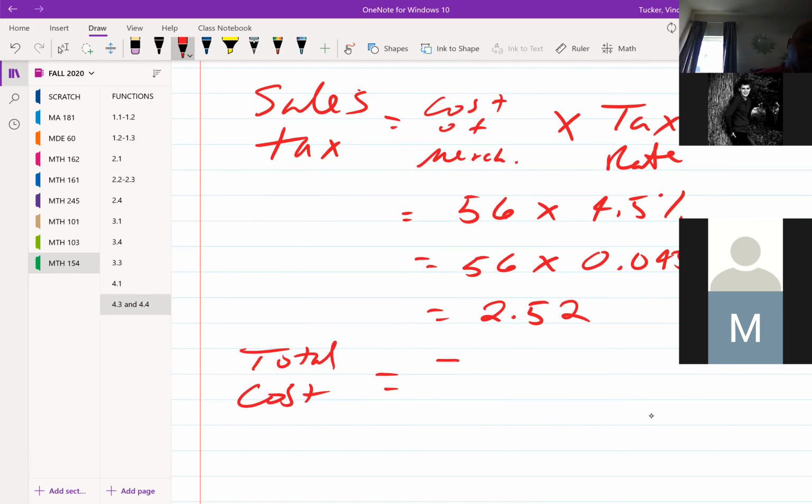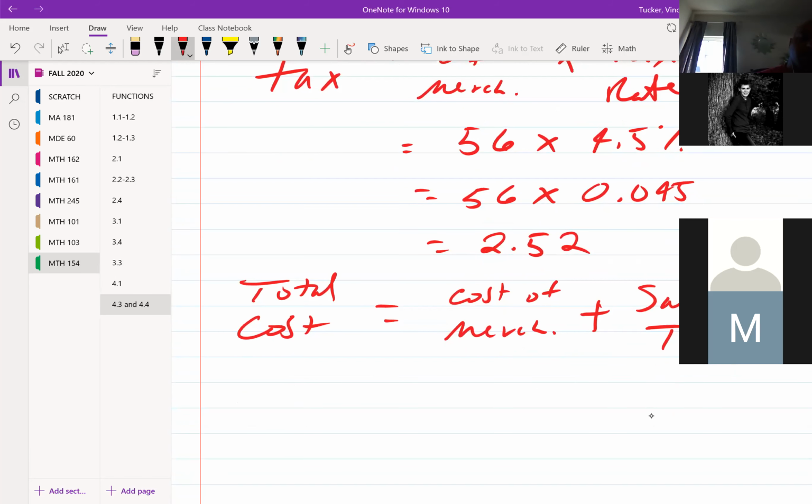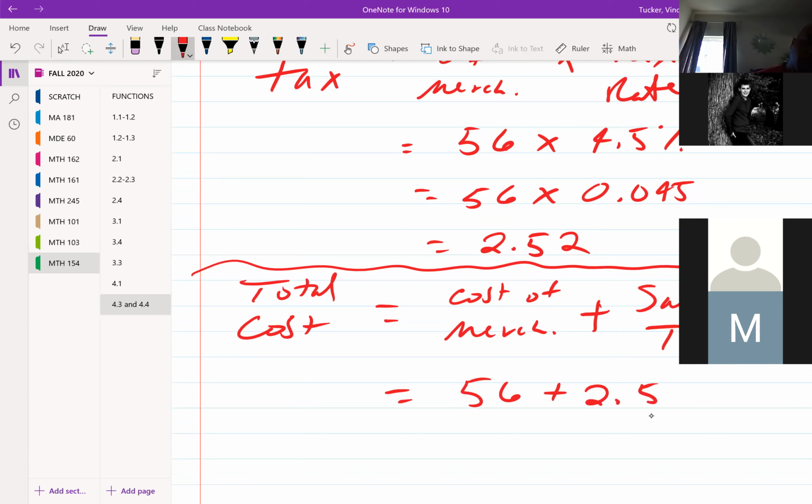And then here the total cost would be your cost of your merchandise plus the sales tax. So that'll be the 56 plus the 2.52, which is 58.52.